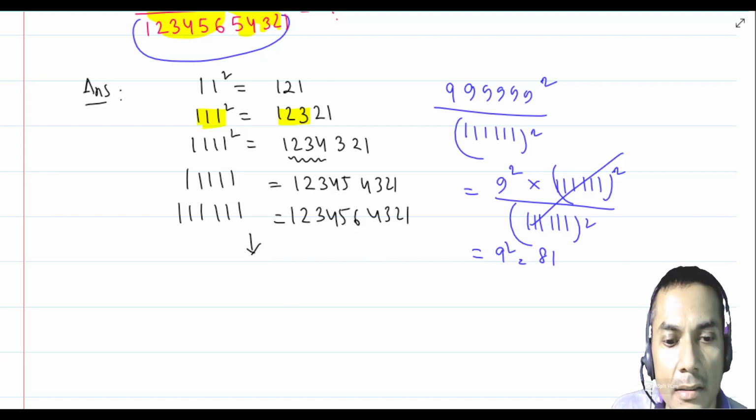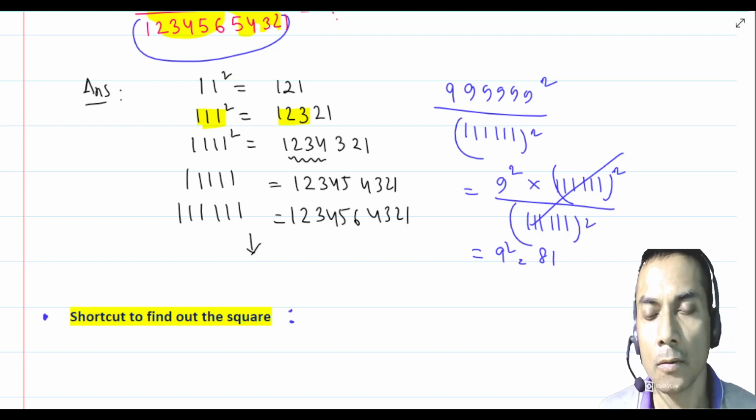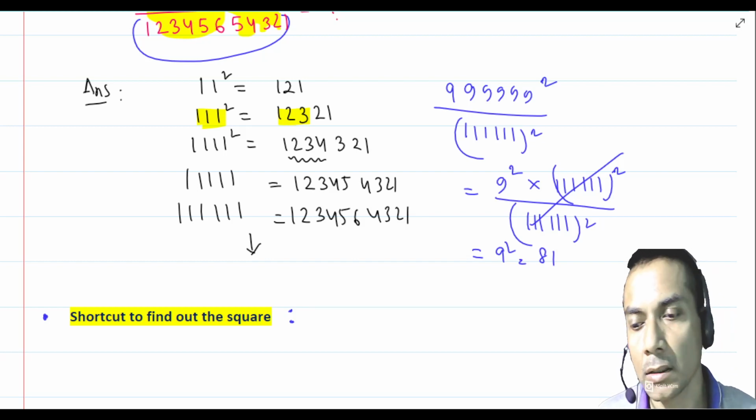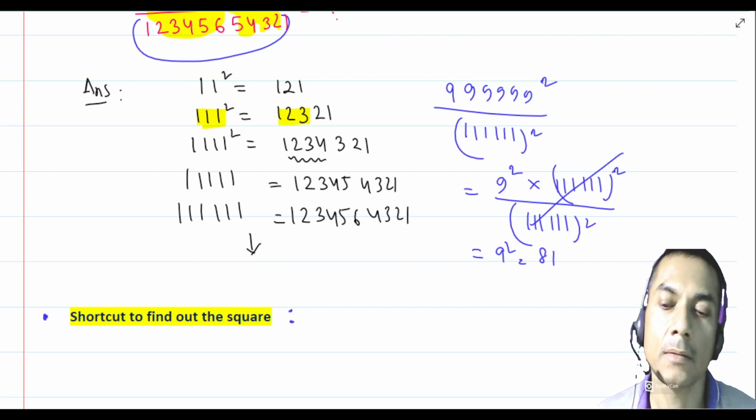I will try to answer. Now we learn different shortcut methods to find the square and square root. Now we learn a few methods by which we can find the square of a given number.